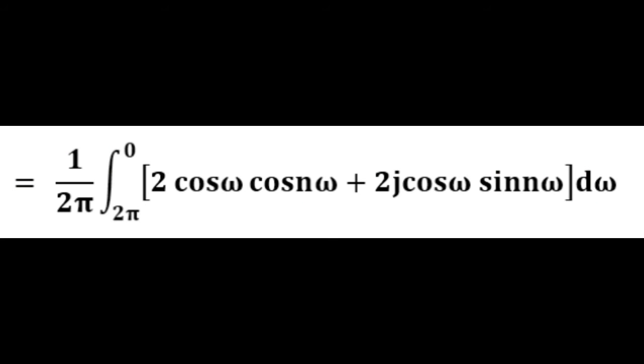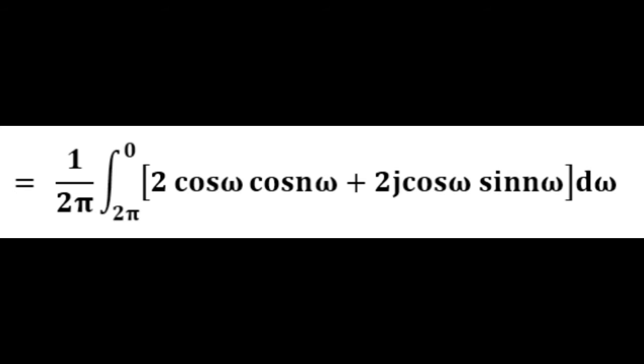By referring to trigonometric identities, e to the power of jωn can be converted into cos nω plus j sin nω. After you convert it, the equation will become 2 cos ω times cos nω plus 2j cos ω sin nω with respect to ω.